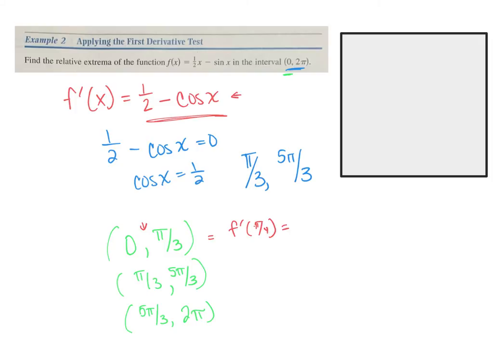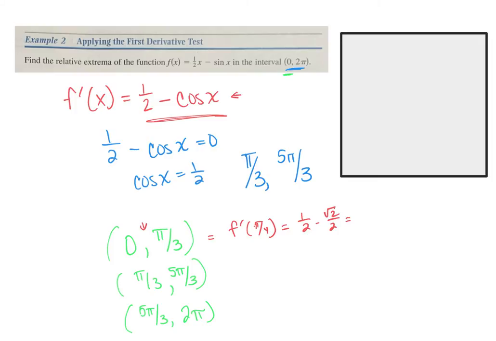They're all going to be square roots. So we're going to say 1/2 minus the square root of 2 over 2, right? Really, I don't even need to know what the number is. I need to know if it's positive or negative. 1 minus the square root of 2, because it already has a common denominator, is going to be negative.